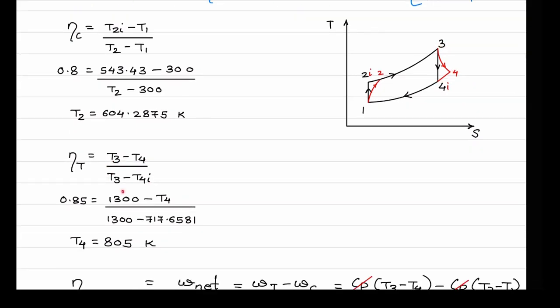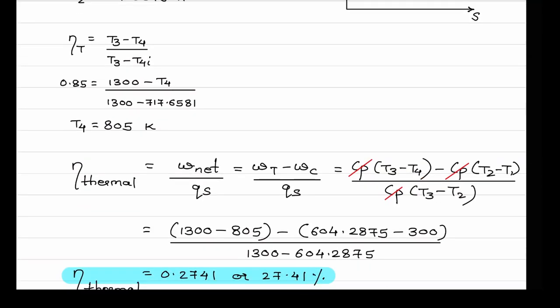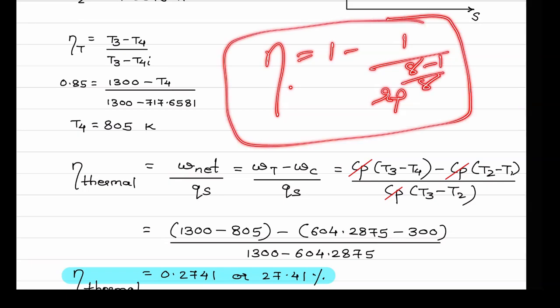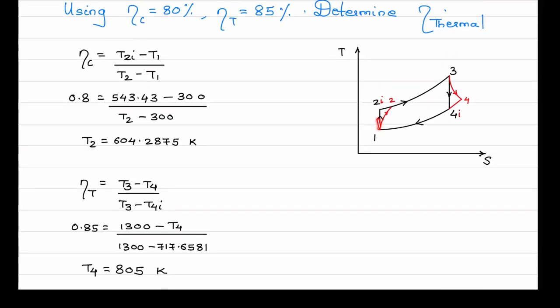Now see, the efficiency of Brayton cycle which we had used was 1 minus 1 upon Rp raised to gamma minus 1 upon gamma. This equation is for the isentropic process, basically for isentropic compression and isentropic expansion. If the efficiency of the compressor and the efficiency of the turbine are given in the question, we cannot use that equation in terms of pressure ratio.